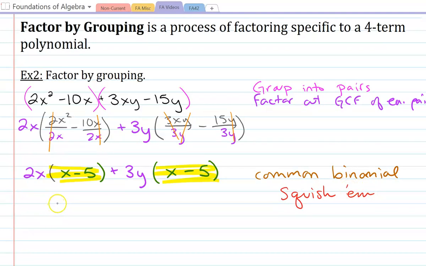So we rewrite the two GCFs, the 2x and the 3y, into its own set of parentheses, and the x minus 5 into its own set of parentheses. So our factored form is this: 2x plus 3y, x minus 5.